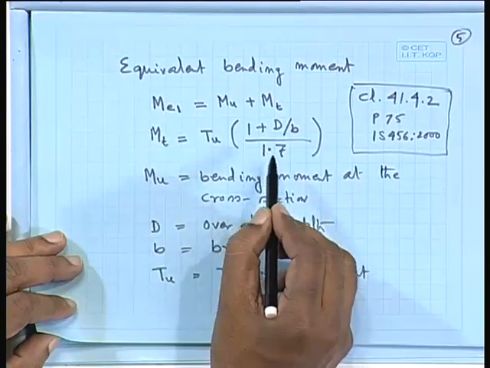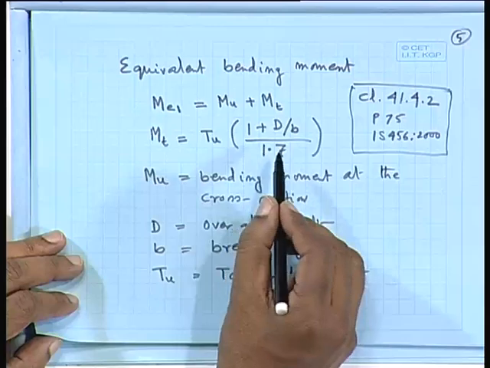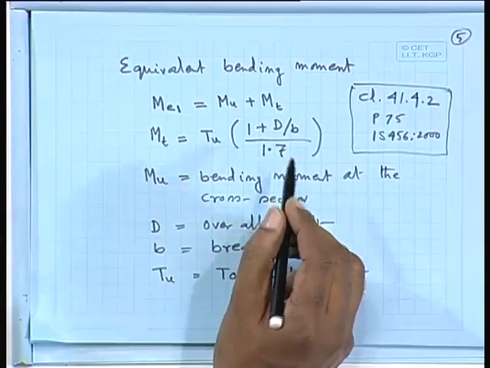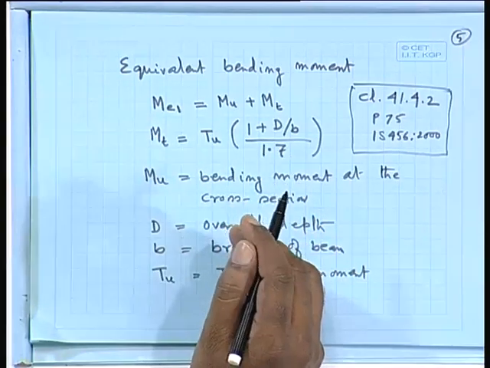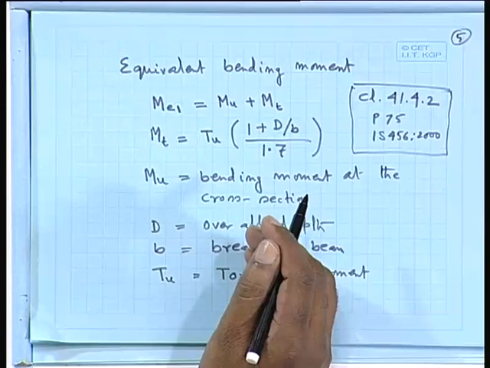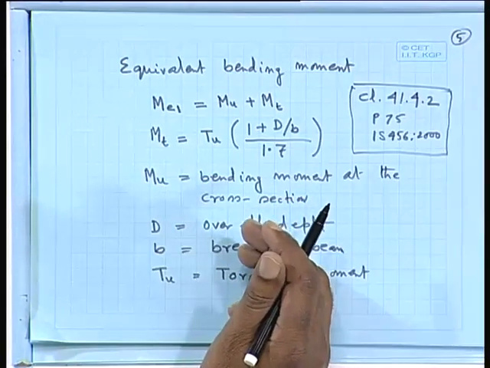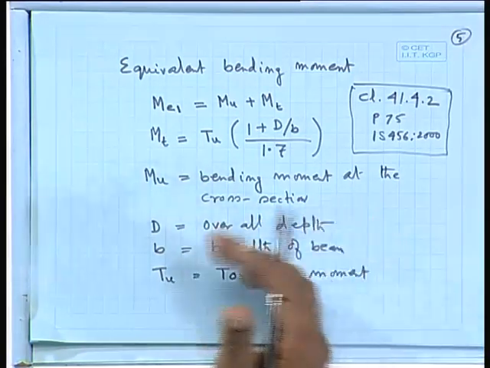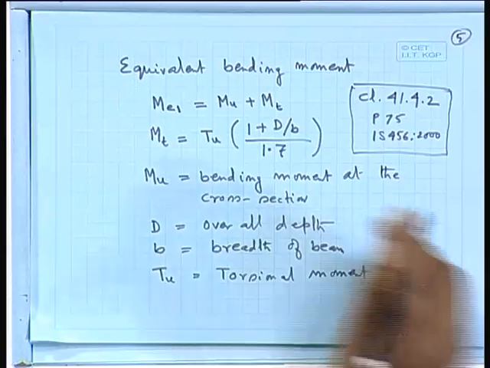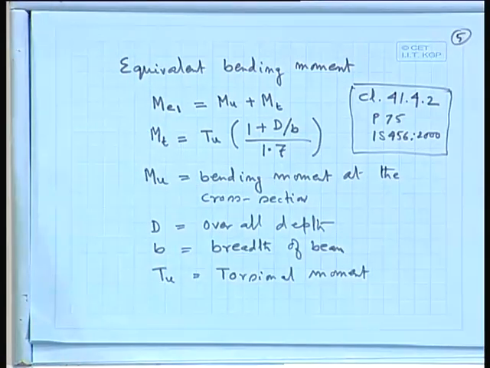And one more thing I shall tell you: if we take the span by depth ratio, say for the simplified case 20, then it may happen that the value will be very, very less.